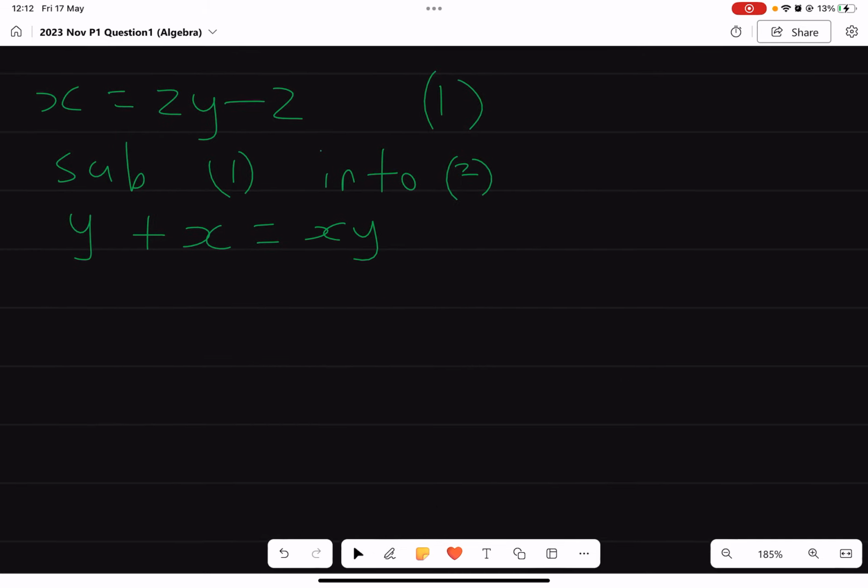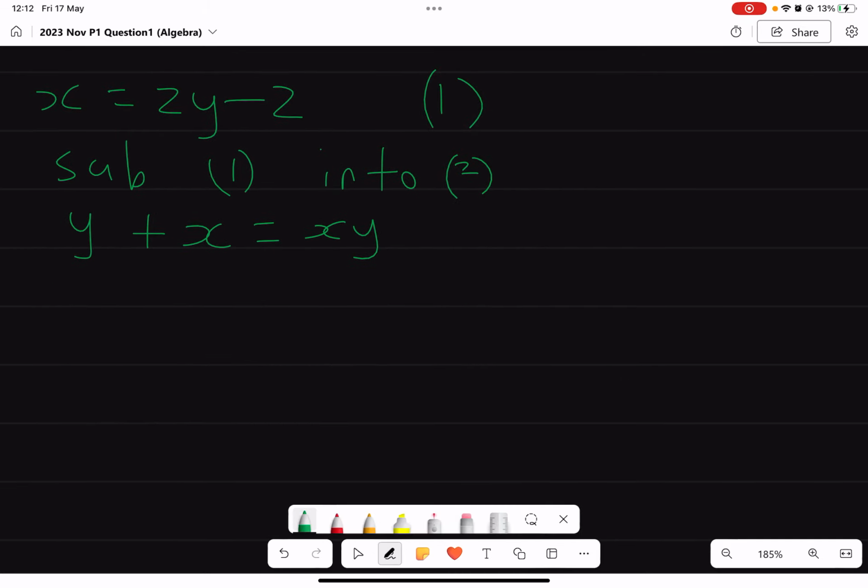Let's now substitute x. So whenever I see x, it's like I'm seeing 2y minus 2, because I'm saying x equals 2y minus 2. So we are going to do this. We are going to have y plus, where there's x, you see here, I have x, so I'm going to replace it with that.